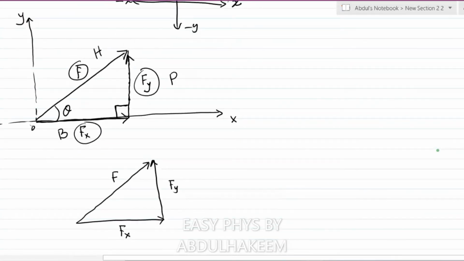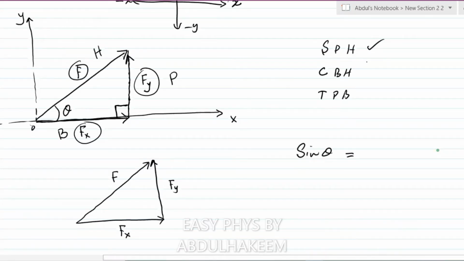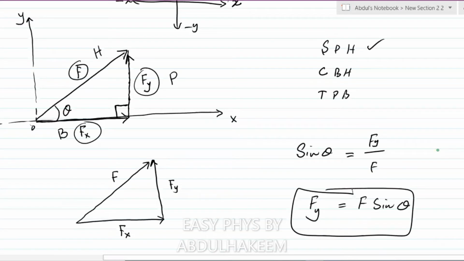So we can apply trigonometry. Some people have curly brown hair through proper brushing. Number one, sine theta is perpendicular, which is Fy, divided by hypotenuse, which is F. So the formula for Fy becomes F sine theta. Very, very important. Now come to number two.